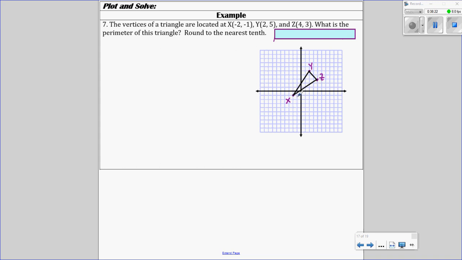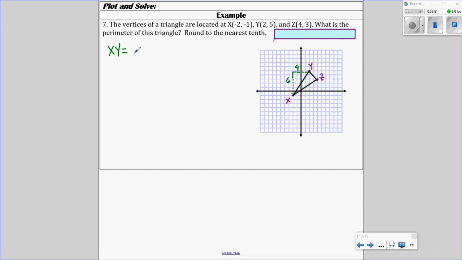Or you can use the Pythagorean Theorem. In this case, I'm going to use the Pythagorean Theorem. I'm going to find my rise and run for each of them. So for xy, I'm going to use this. So for this one, I got 1, 2, 3, 4, 5, 6. And this is 1, 2, 3, 4.